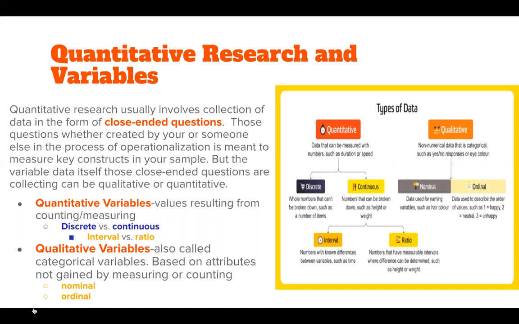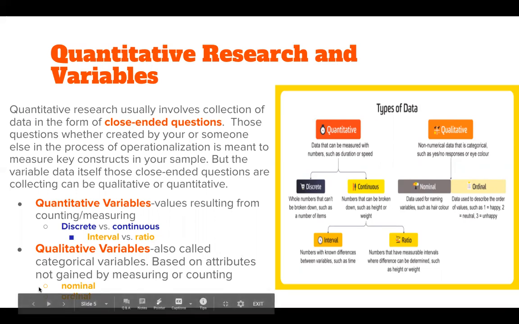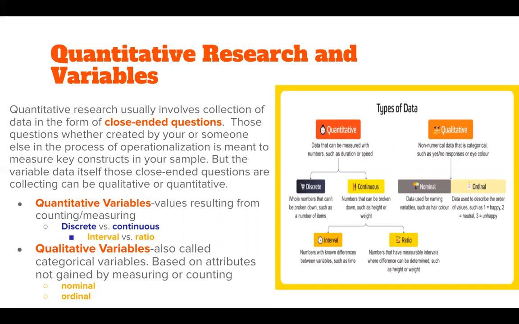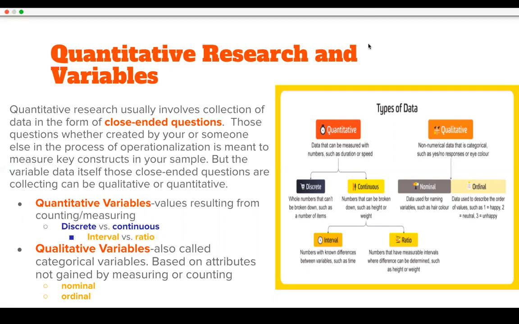You then have what are called continuous quantitative variables, and these are numbers that can be broken down into fractions and proportions. And really, that's the most important thing you need to know. But additionally, be aware that there are interval continuous variables and ratio continuous variables.